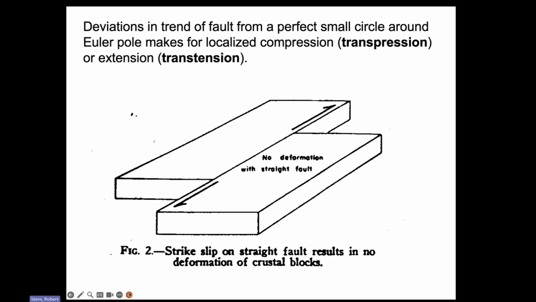And of course, as I said before, they're not really straight. They have to be actually small circles around the pole of rotation. But with that detail, if there are no deviations, we will have what we could call a neutral strike slip or transform with neither compression nor extension along it.